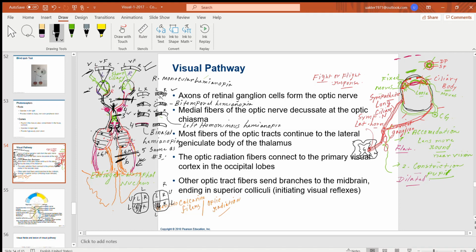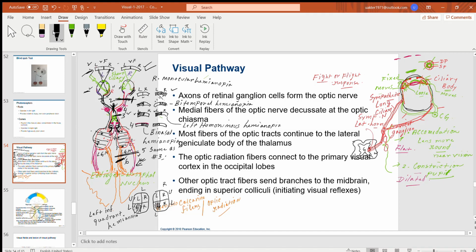Okay, so this will be termed as the left inferior quadrant hemianopia. Left inferior, makes sense? Left side's inferior in both eyes, quarter hemianopia.